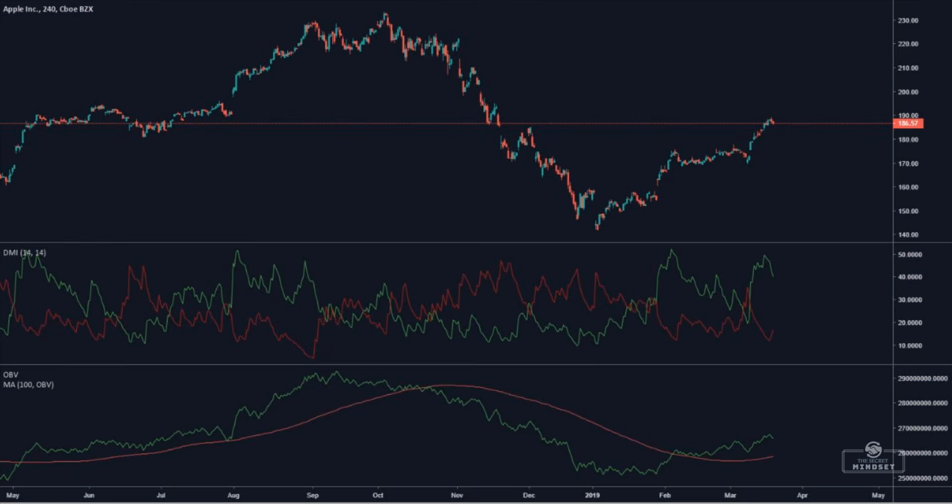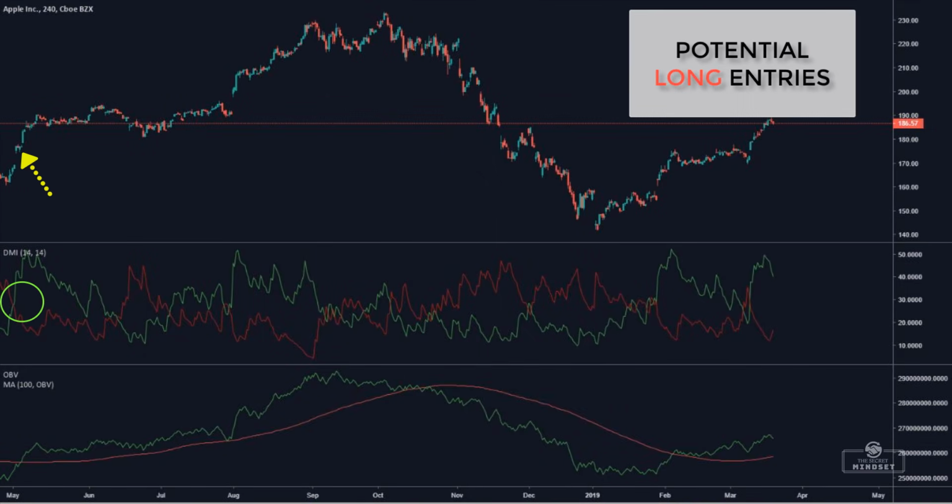We have our first buy signal here, another one here, and another one after this gap, which also coincides with a solid breakout. Then we have 2 choppy signals around this area, and 1 final buy signal here, before the OBV turned into sell mode.